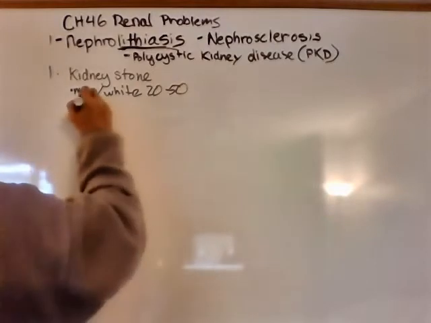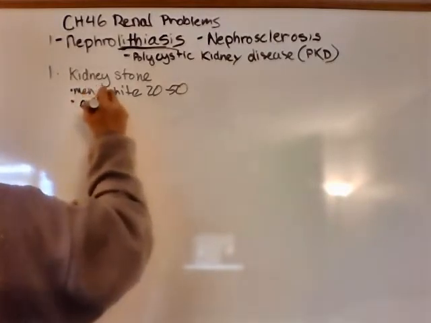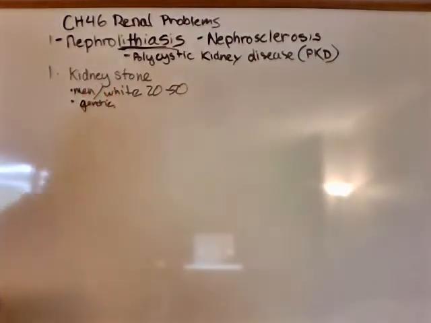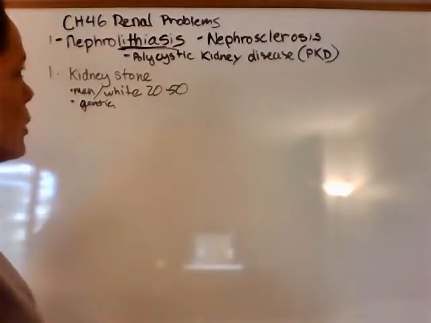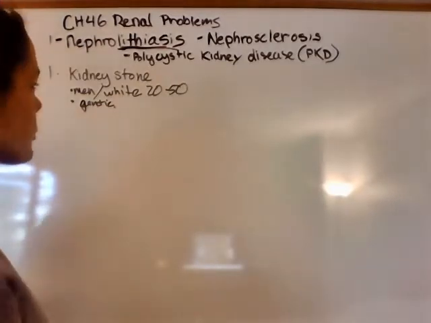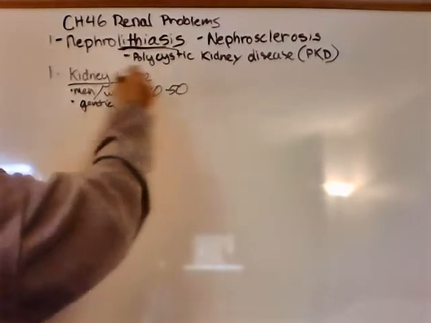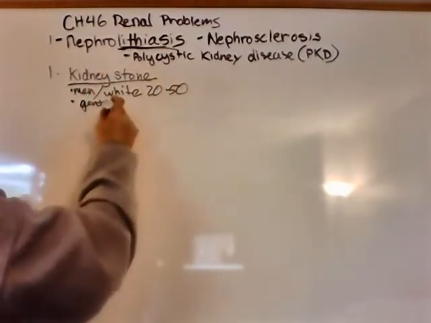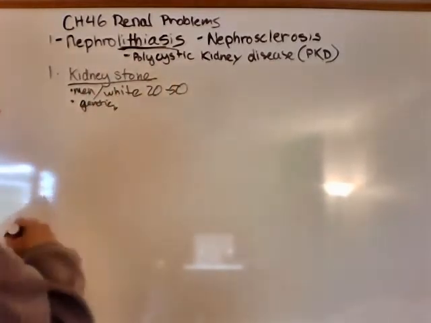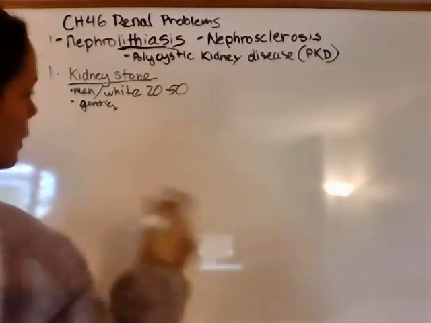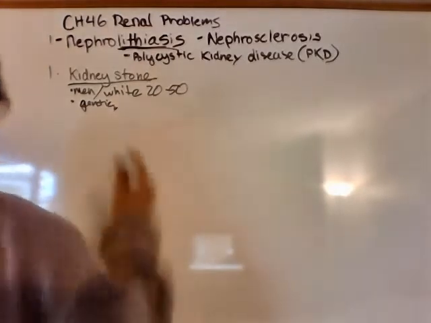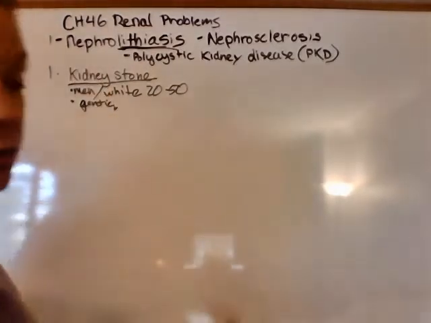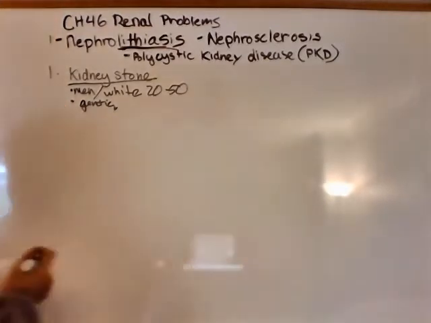Also, genetics is going to play a role here, especially as we get into some of your nephro issues. So men, white, 20 to 50 years of age, and genetic factors, or if they have a history of UTIs. Those are something that you have to think about.